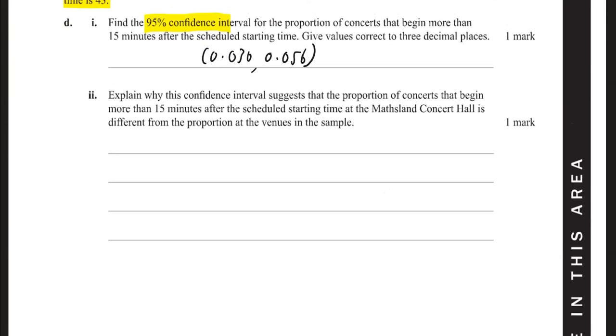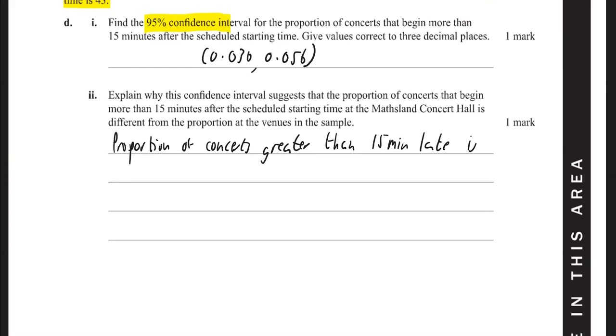Part ii, you have to write a sentence or two here. You can just write that the proportion of concerts greater than 15 minutes late at Matt's Land is outside the confidence interval. Should be enough, I think.